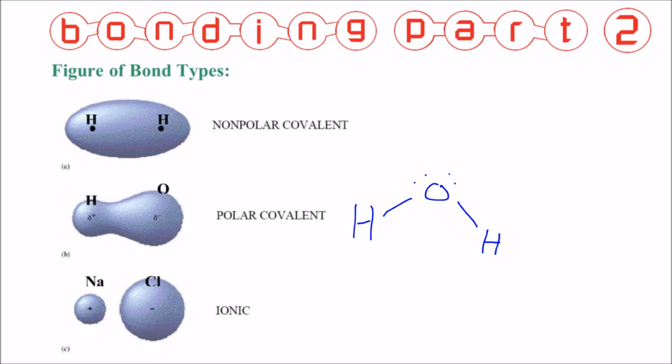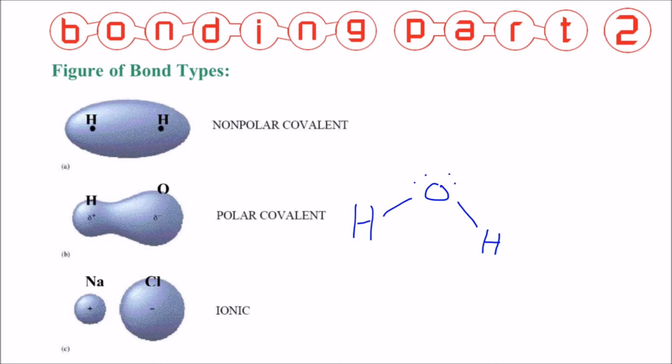Okay, that's a water molecule. So between this hydrogen and oxygen here, we're looking at one side of a water molecule. So most of the electrons are going to spend their time around the oxygen and less time around the hydrogen.